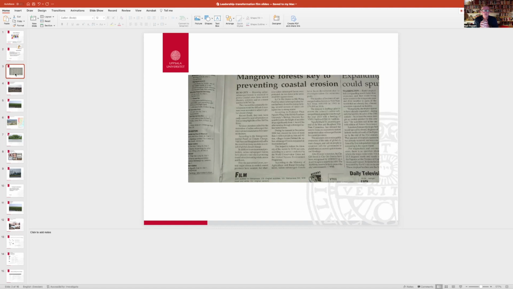At the time of the project, the Ministry of Agriculture and Rural Development in Vietnam had just put aside a lot of money to work with mangrove rehabilitation and restoration. And their perspective was, in terms of that system, that they could reintroduce mangroves into many areas along the coastline as a way of preventing coastal erosion.